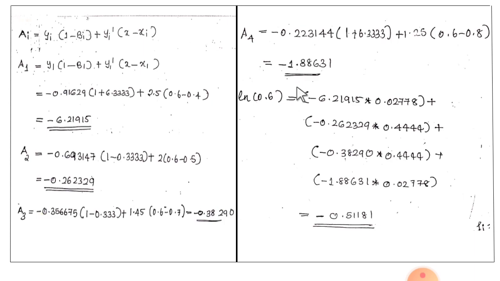So ln of 0.6 is given by a1 phi 1 plus a2 phi 2 plus a3 phi 3 plus a4 phi 4. So substitute the values for a1 phi 1, a2 phi 2, a3 phi 3 and a4 phi 4. Then the summation of all these will give you the value for ln of 0.6, that is minus 0.51181.